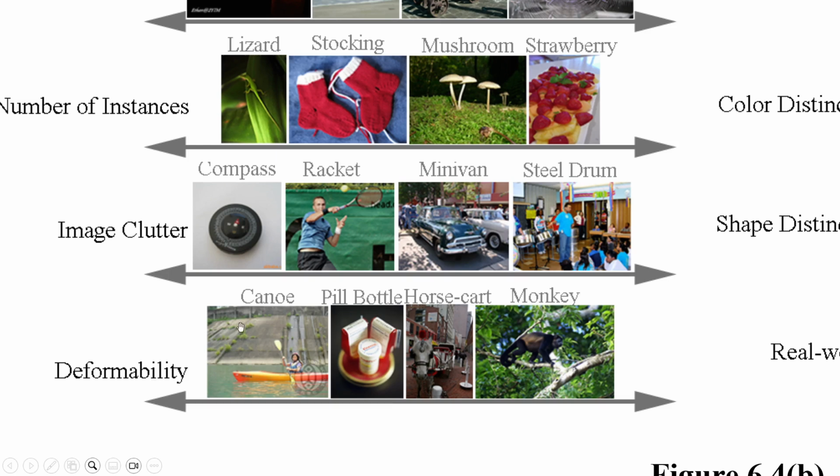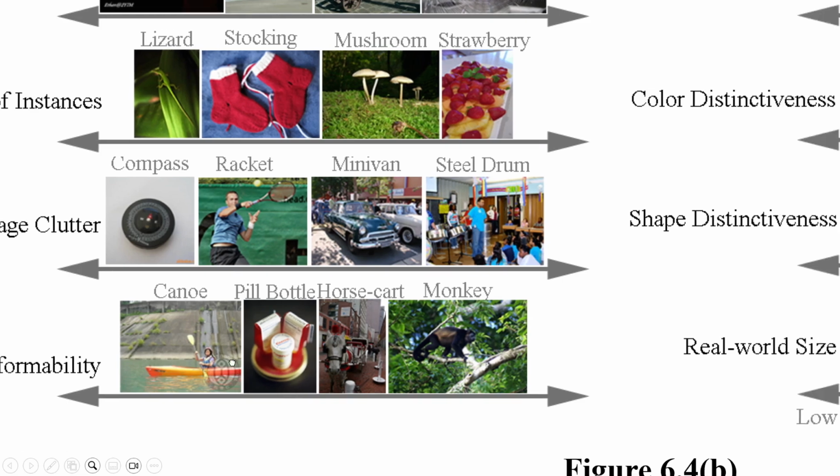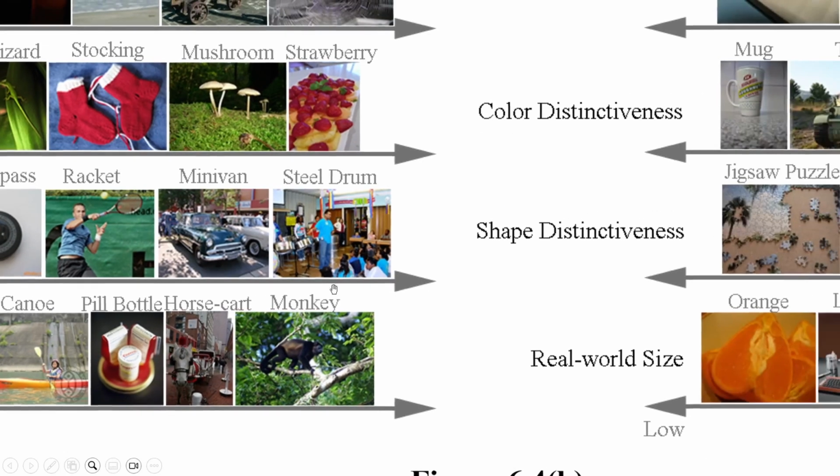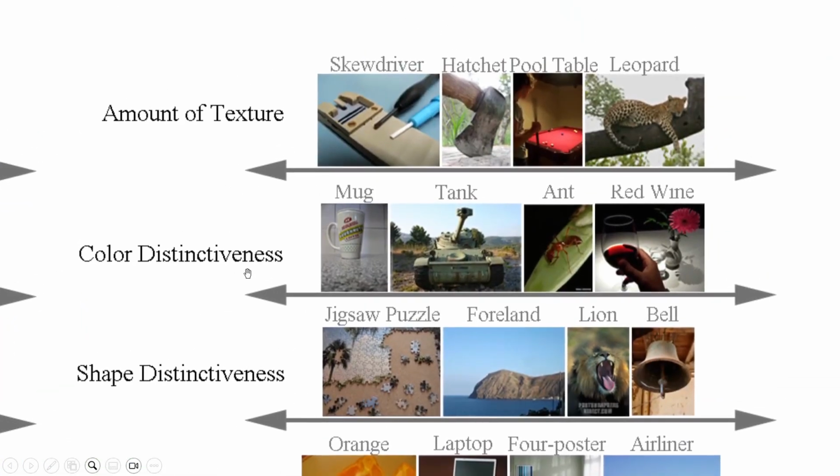Deformability means if it is a canoe, yes, it's a single solid object. But if it's a monkey, the monkey will have many different poses and locations, etc. So that's the reason why ImageNet is a very challenging dataset.